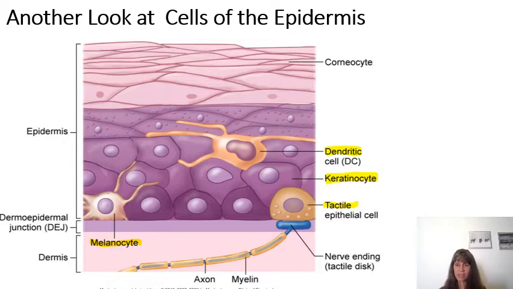Tactile cells respond to light touch. Upon receiving that stimulus, tactile cells will release chemicals that will be received by a tactile disc, which is a separate structure just deep to the tactile cell.